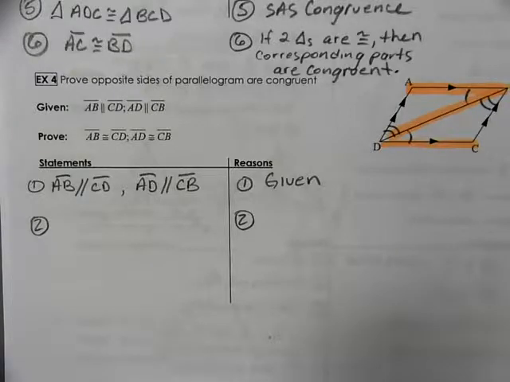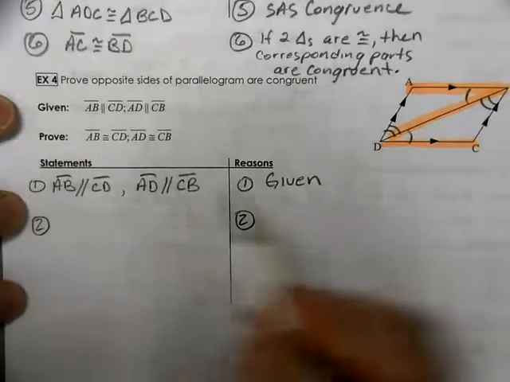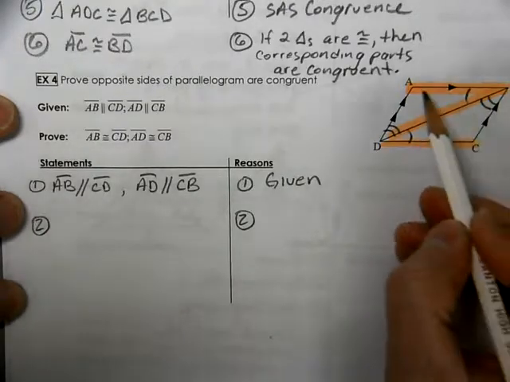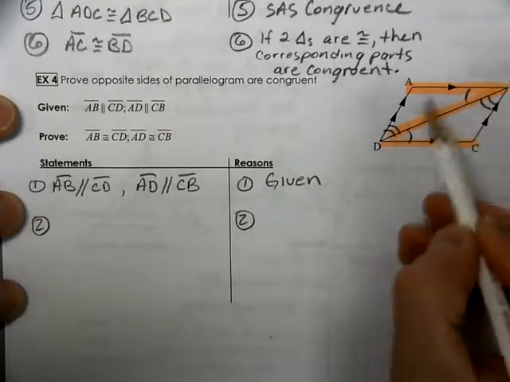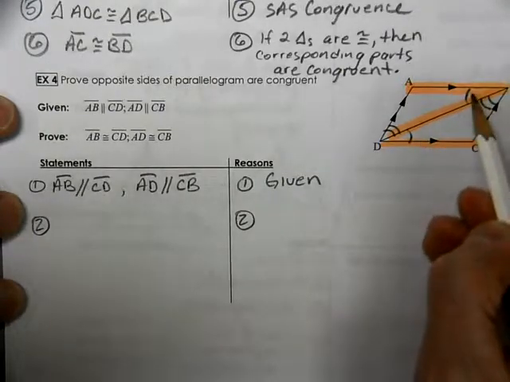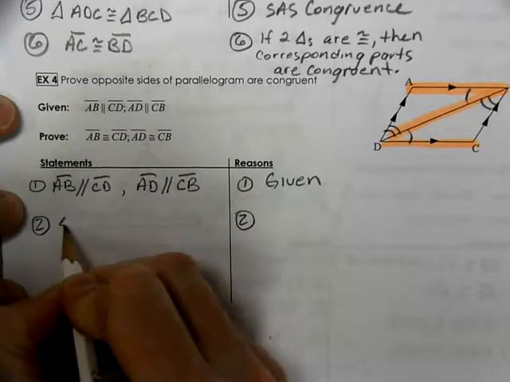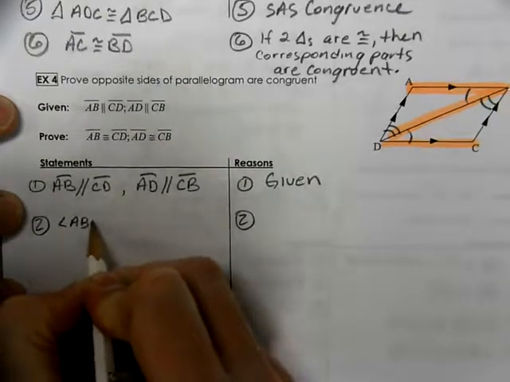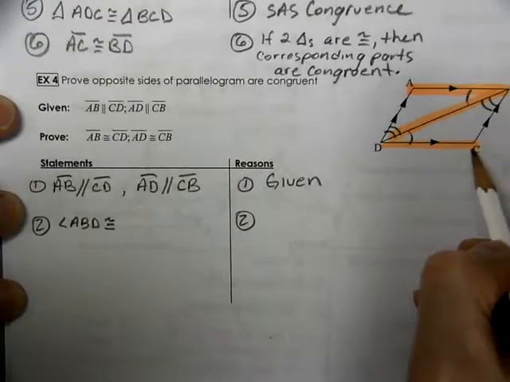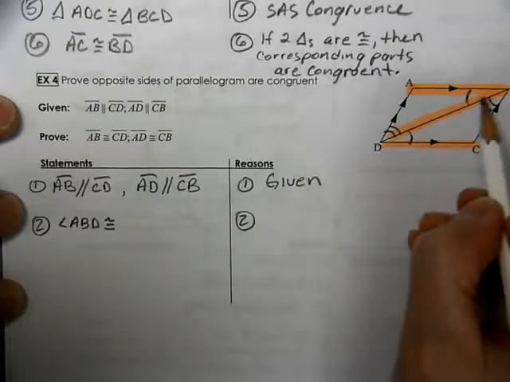We always talk about angles. So let's name our angles we had here as alternate interior. ABD, the B is your vertex, so that's this angle in here. And it's supposed to be congruent to CDB.